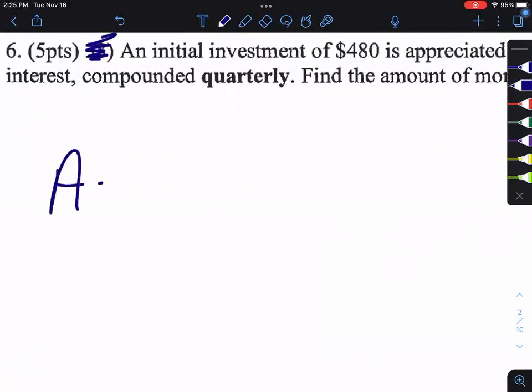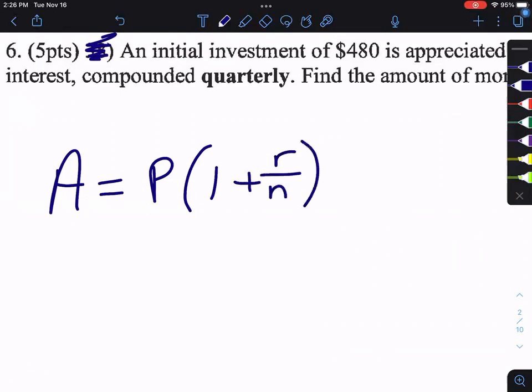So our formula here, A equals the principal, parenthesis 1 plus the rate divided by the number of times interest is compounded, to the NT power. Again, N is the number of times your interest is compounded. T is our time. Majority of the instances is measured in years.